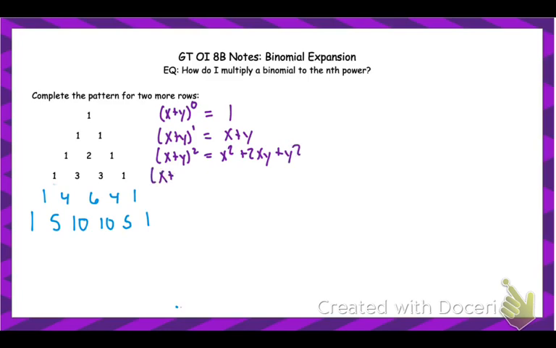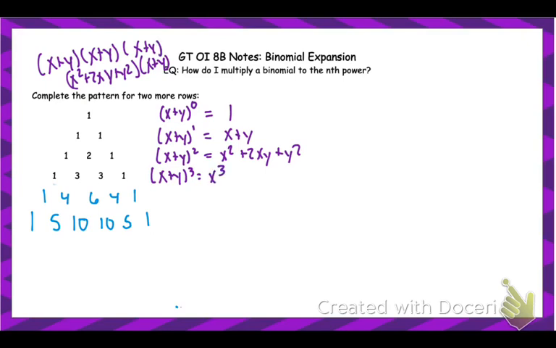Now, x plus y to the third power. If you were to actually do x plus y times x plus y, FOIL it out, and then multiply it by another x plus y, that resulting answer is going to be x cubed plus 3x squared y plus 3xy squared plus y cubed.